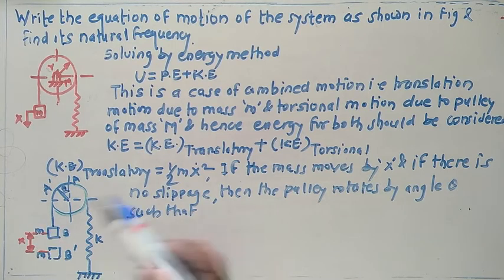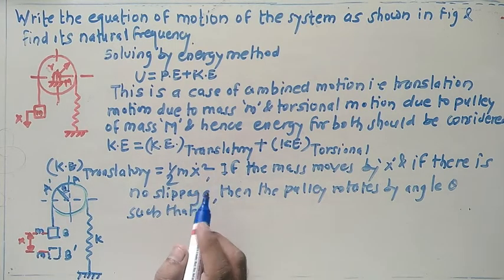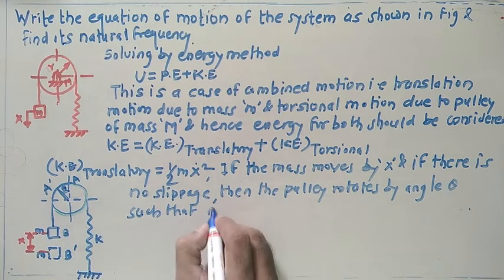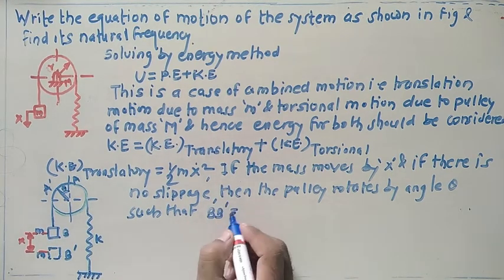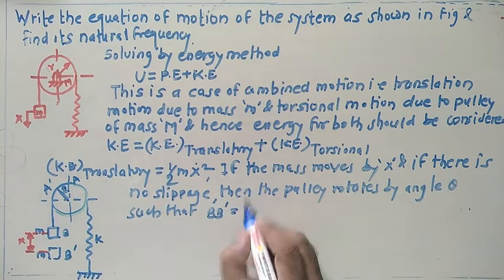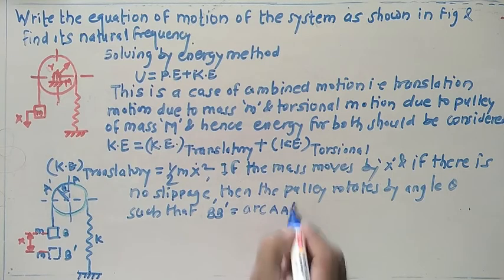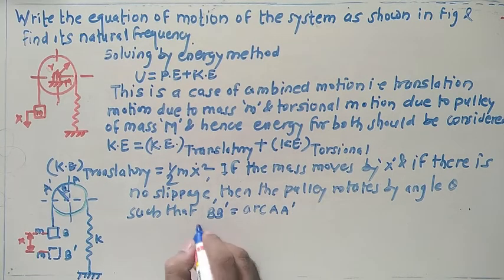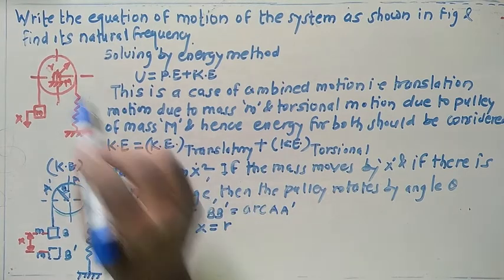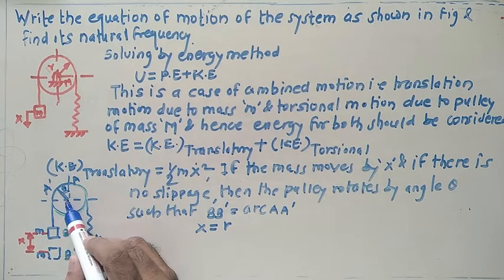For a smaller angle, I can say this linear displacement, b dash, equals the arc a dash. This arc a dash is nothing but the radius of this pulley, small r, and angle theta.